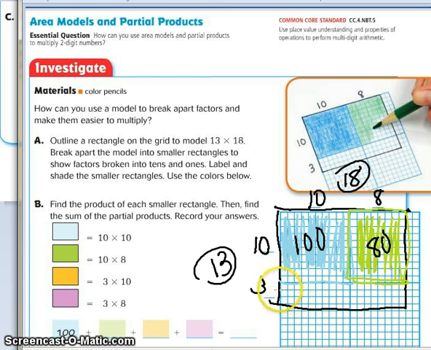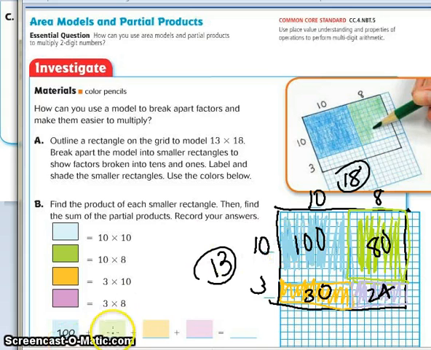Our next rectangle is going to be 3 times 10, right down here. We're going to shade that in and multiply. 3 times 10, of course, is 30. And finally, we have our 3 times 8, and we're going to shade that in, and it's going to be 24. 3 times 8 is 24. So now we just add these all up.